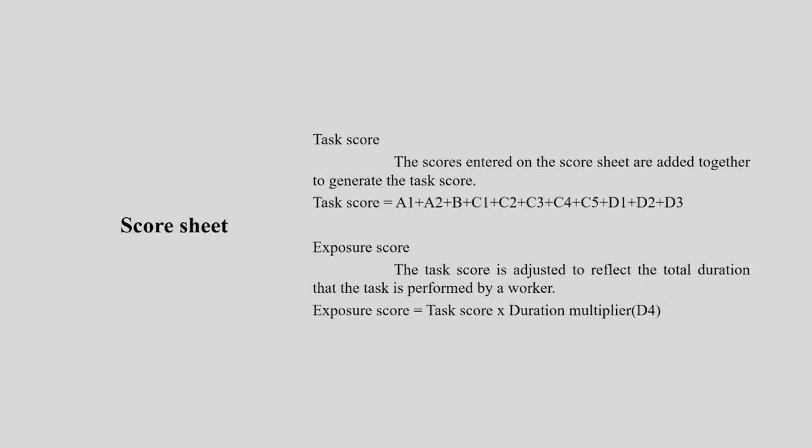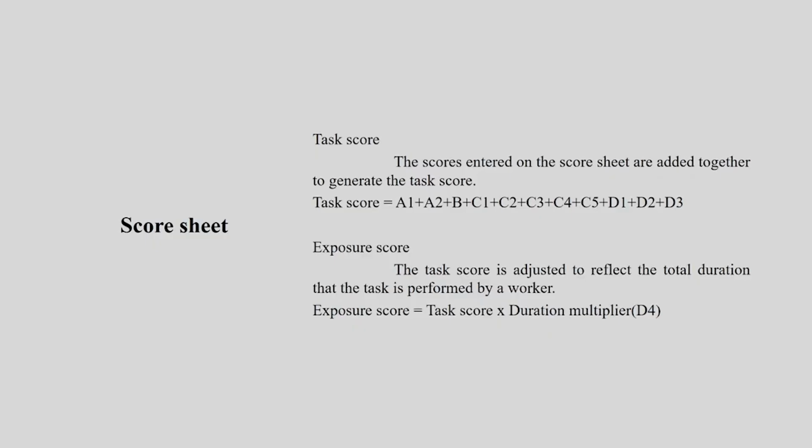Now let us understand how the score sheet can be calculated and how you will use these particular scores. If you are talking about a particular task, before starting this method you have to select a task and you have to give the scoring.